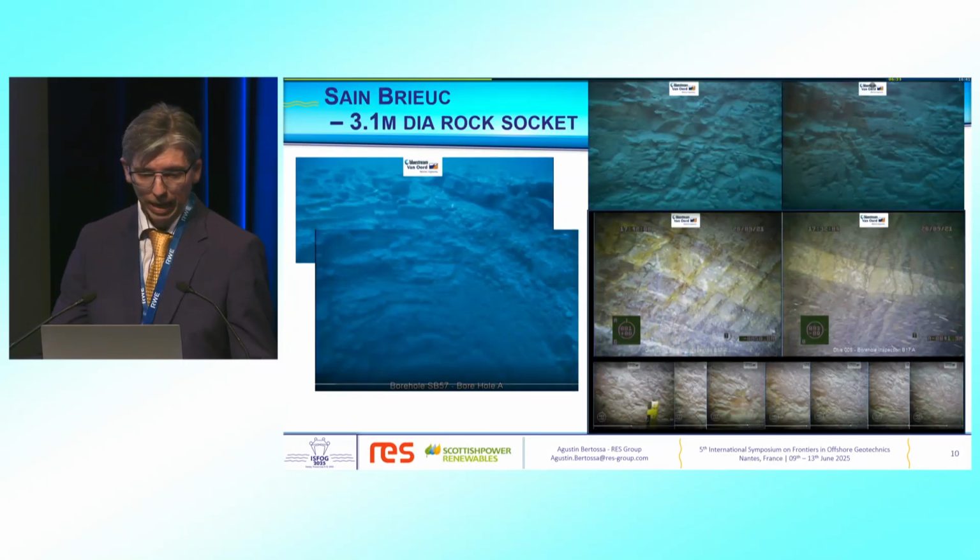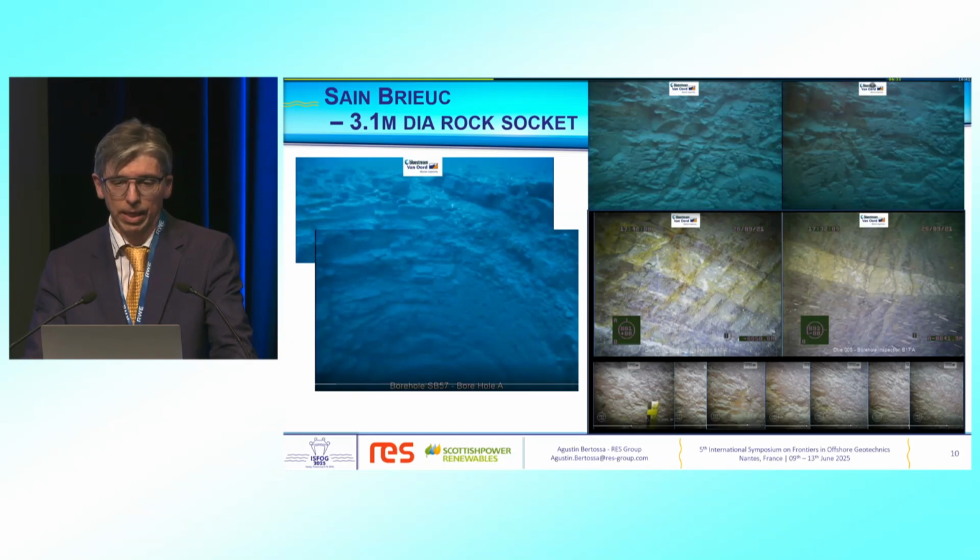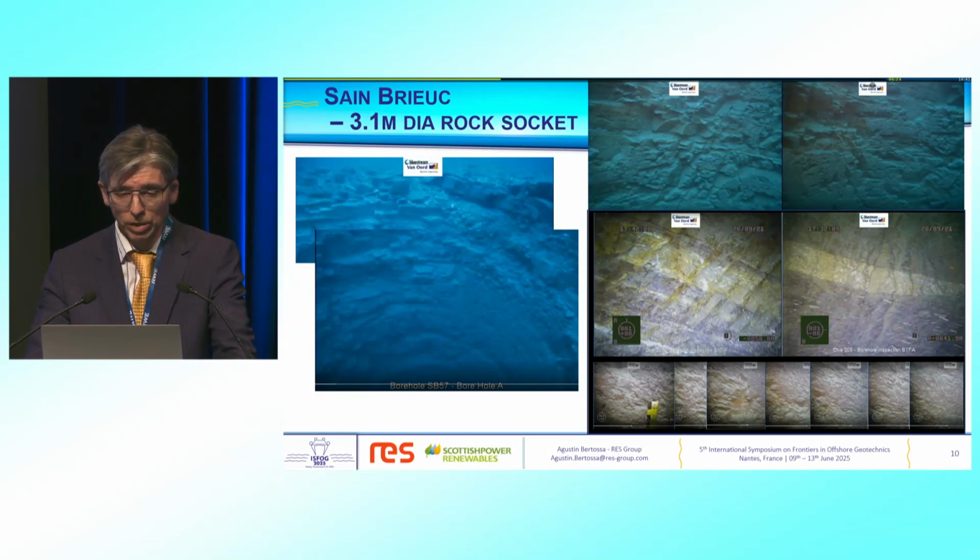Going down into the hole, you can see the socket roughness is variable as well, and it's quite determined by the jointing nature of the rock. As you go deeper, you would expect a smoother surface roughness, but also we are mindful that these conditions are quite dependent on the jointing of the rock, and sometimes you may find some overbreaks.